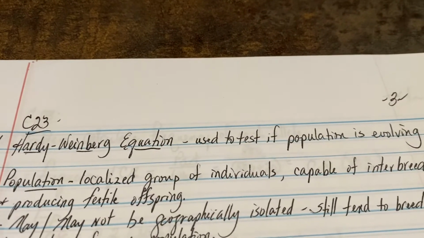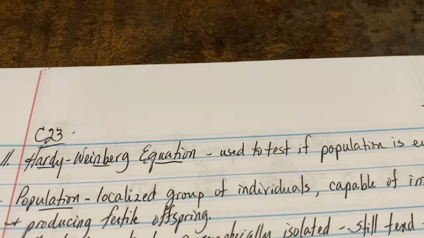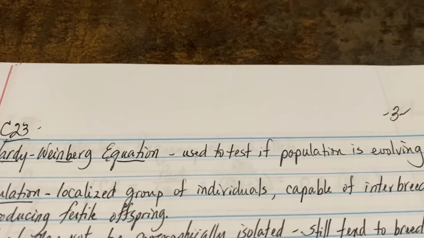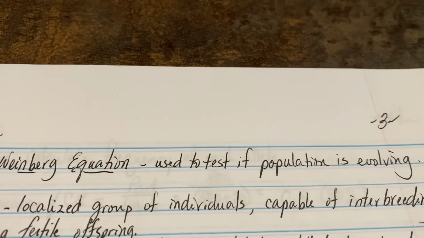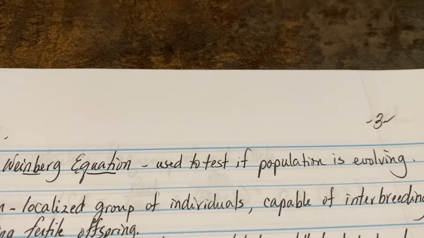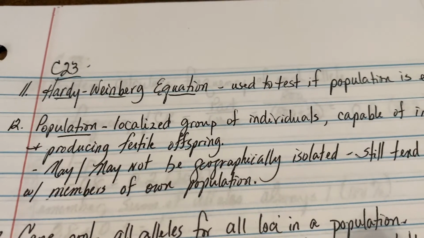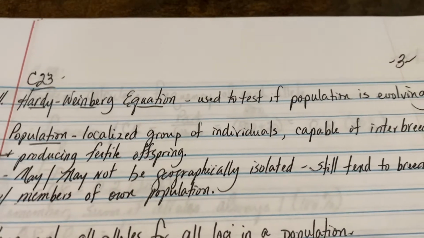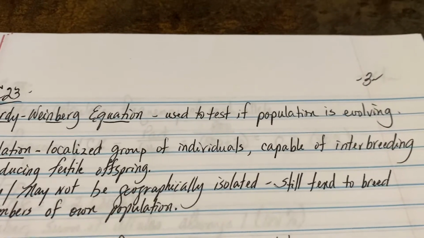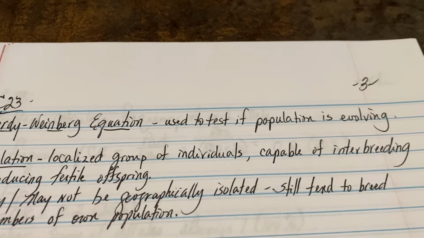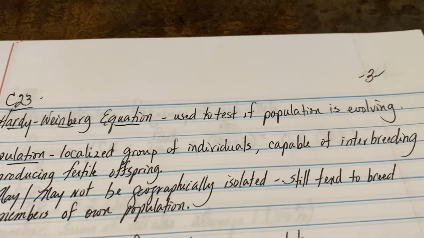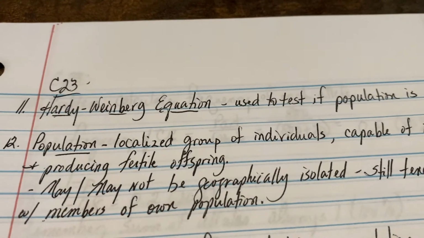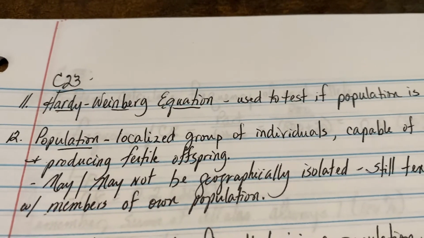Now, this next part is very important and will help you with your lab. Hardy-Weinberg is an equation that we can use to test if a population is evolving. A population is a localized group of individuals of one species, which typically means that they're capable of interbreeding with one another and, very importantly, producing fertile offspring.